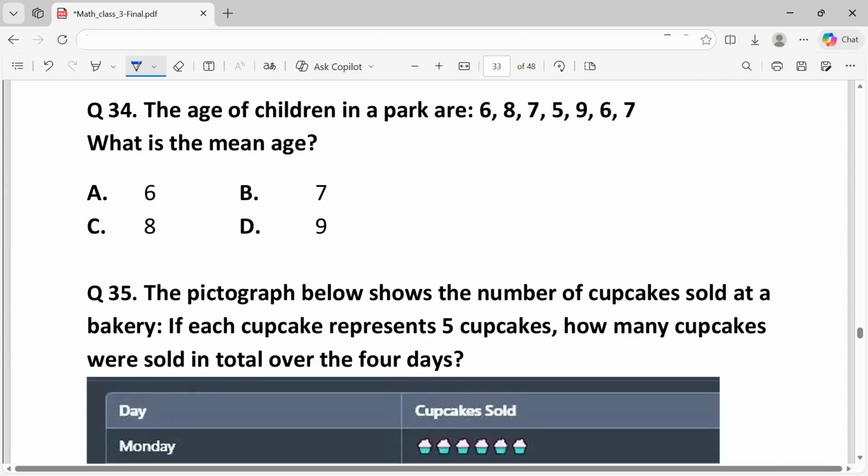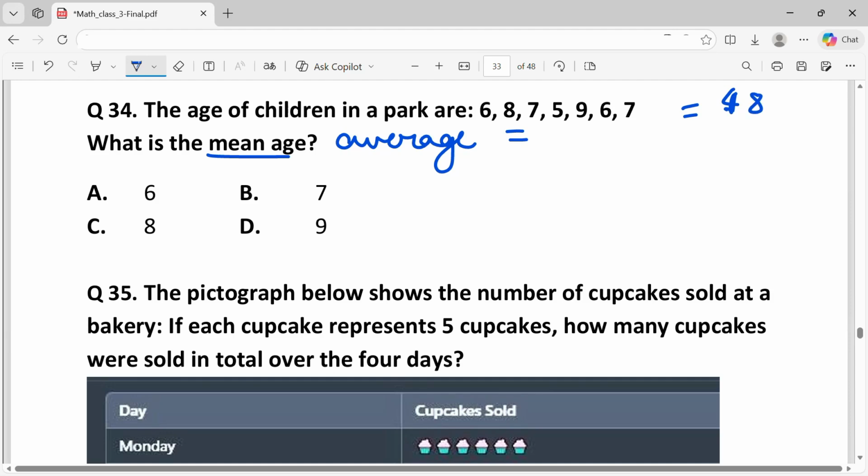Question 34. The ages of children in the park are 6, 8, 7, 5, 9, 6, 7. What is the mean age? Mean age, that is average age, is equal to the sum of all observations, that is 6 plus 8 plus 7 plus 5 plus 9 plus 6 plus 7, that is equal to 48.